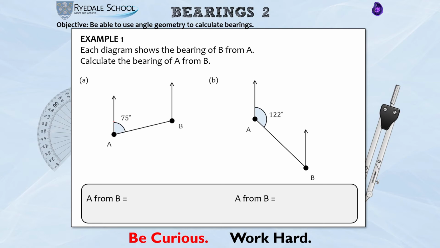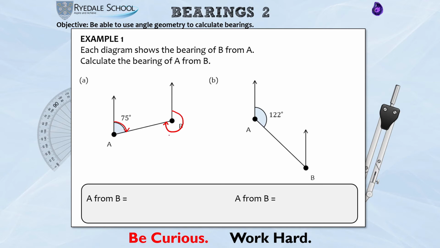So this angle given here is the bearing of B from A. We want the angle going backwards, and again, that has to be measured clockwise from north, so it's all of that angle there.